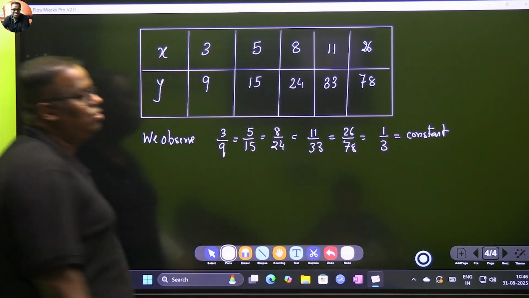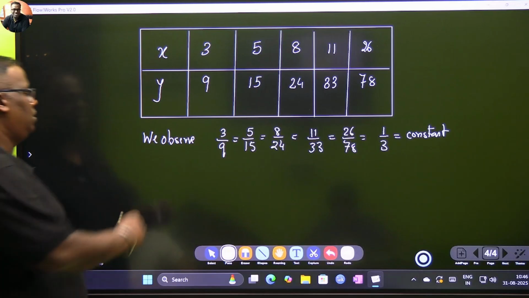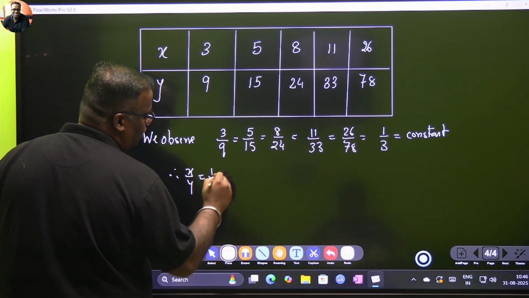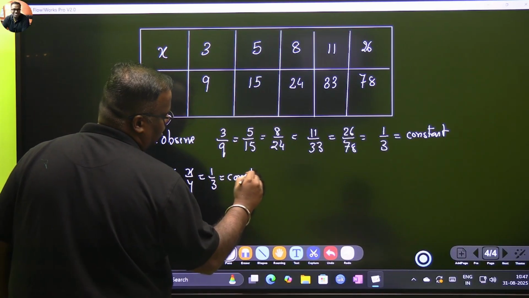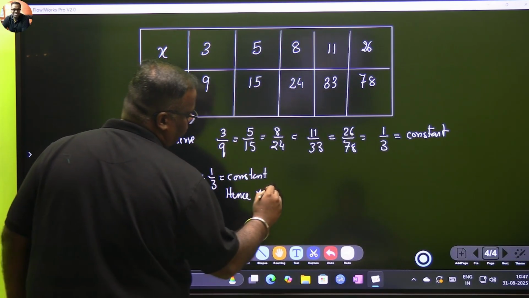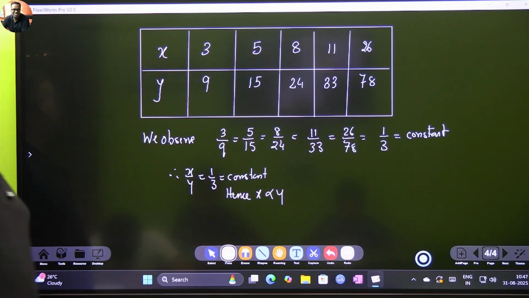So every ratio is constant. Therefore, x by y is equal to 1 upon 3, which is equal to constant. Hence, x varies directly with y and they are proportional.